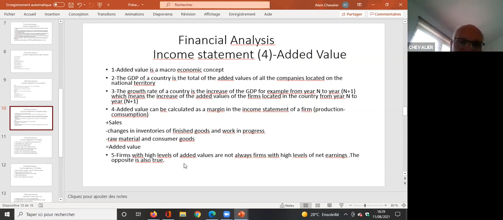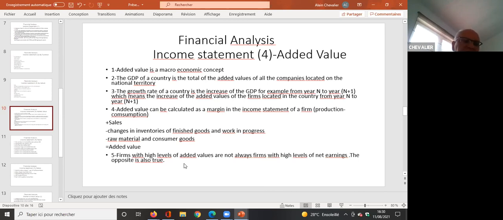So added values are useful, are necessary for governance, are indicators which have to be followed in the very short term by the economic authorities of the country for growth policy and for fiscal policy use.